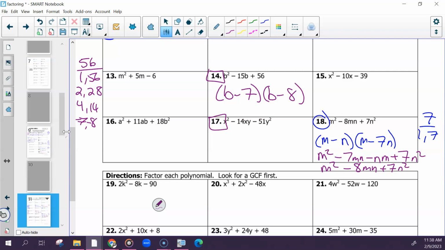Okay. For 17, this is like 18, where we have two different variables. So we're going to have an x and a y in our factors. What are the factors of 51?